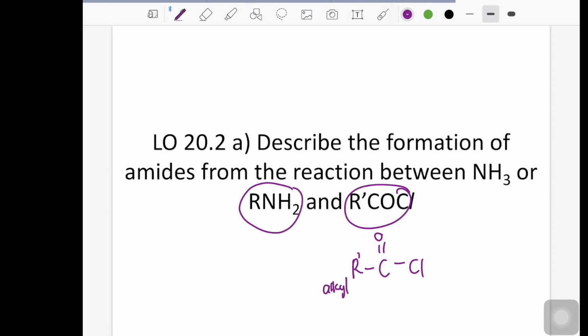The double bond is not shown there, but you should know that it is C double bond OCl. I've had students writing it as R C single bond O Cl. The argument is that oxygen has two bonds so it is happy, but that is not how you draw the molecule.